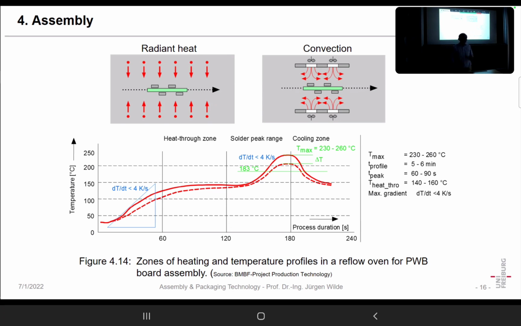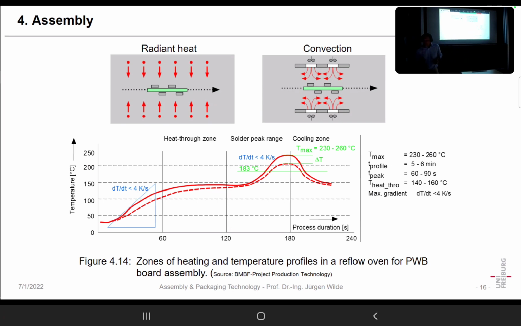There's again the possibility of using short wavelengths. That's these halogen lamps where you can really see the light, or it's heaters like on your kitchen stove where you can hardly see the radiation, maybe a dark red or so. That's a long wavelength. Heating with both is possible, but presently the trend is more towards convective heating.